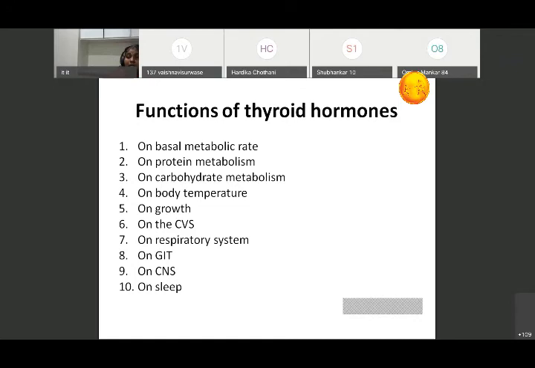It's not like fever, like 105, 106, but more than normal. How? Because during increased metabolism, heat is produced. On growth, I already told that it acts on bone and helps in the physical growth of a person, increasing length and height.